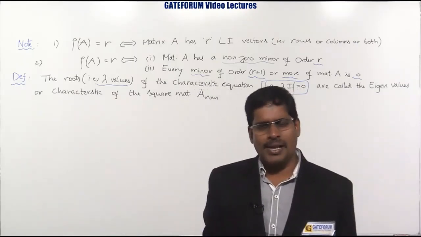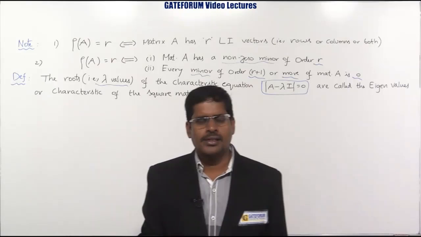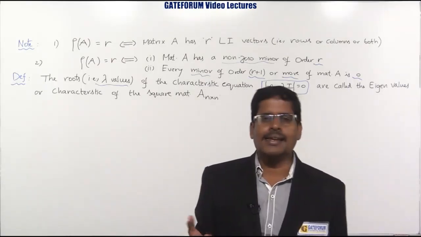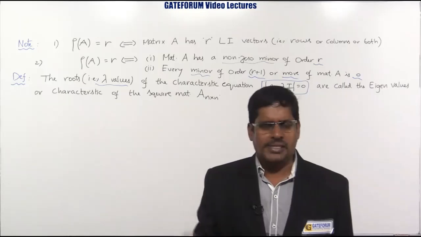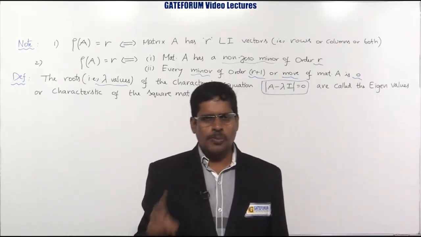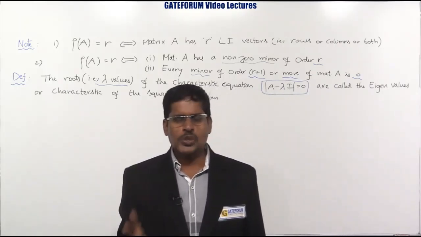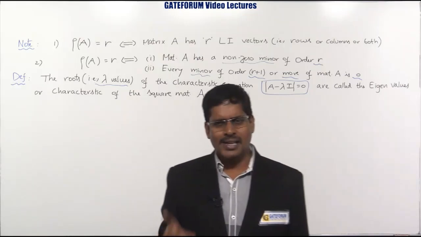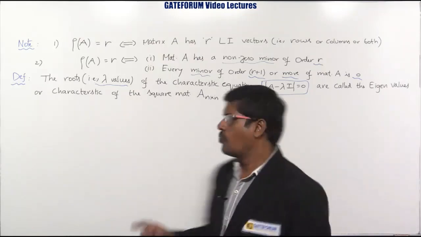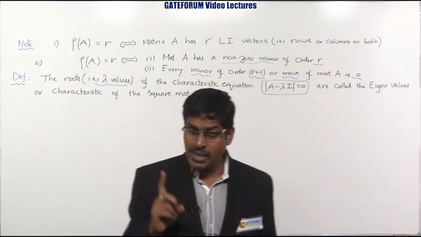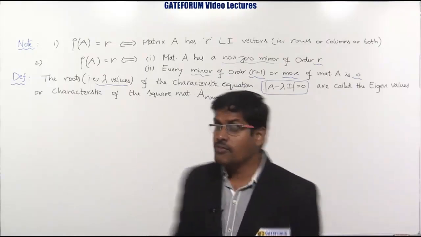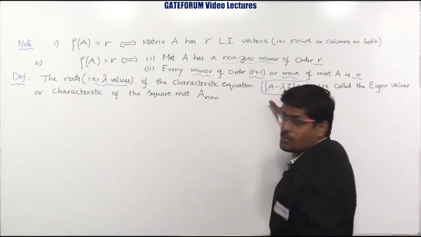Without multiplying lambda and subtracting from the matrix A, we can directly subtract lambda from the diagonal elements of the matrix A. Suppose A is a 2 by 2 matrix. It has 2 diagonal elements. Subtracting lambda from each diagonal element directly gives the A minus lambda I matrix.